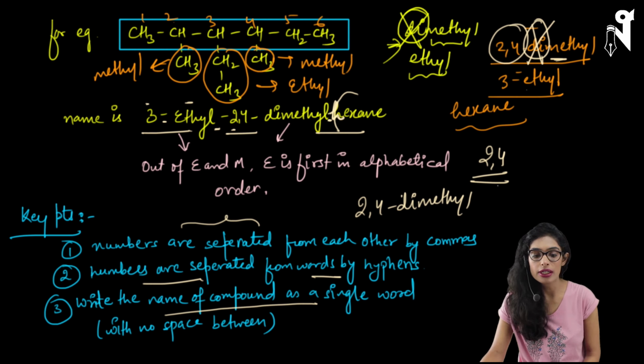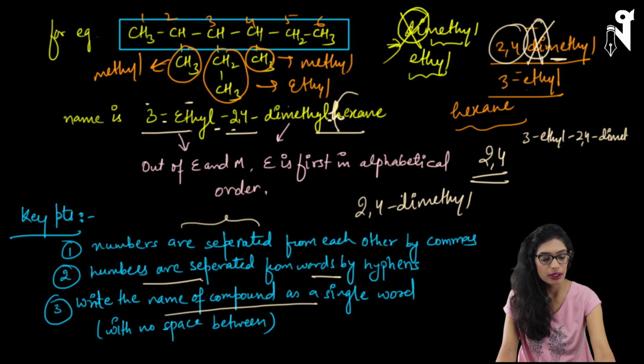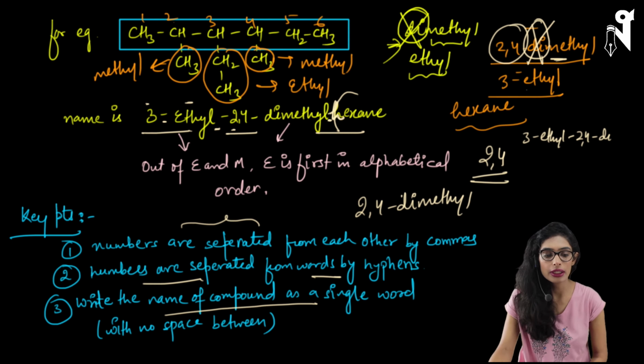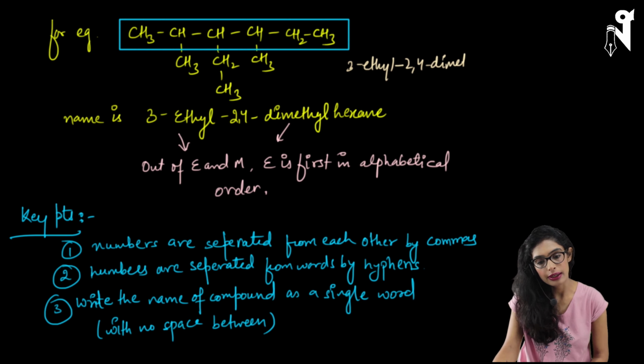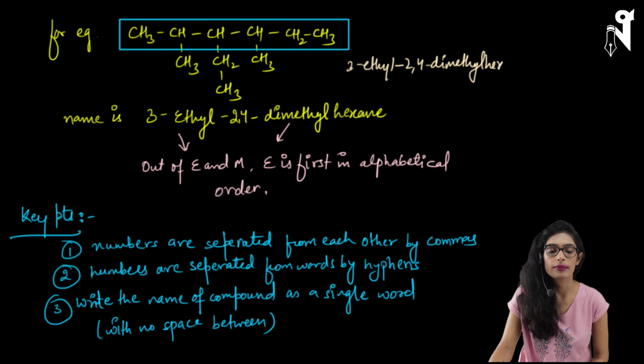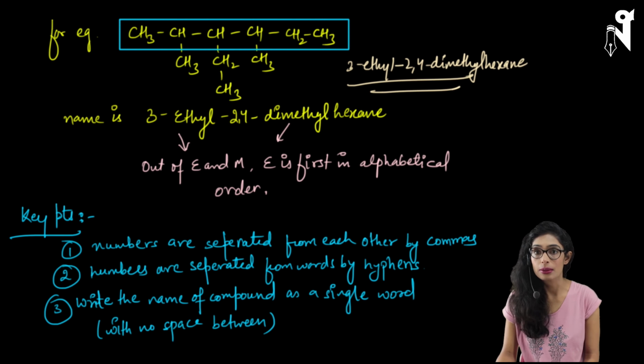For example, it will be like this: 3-ethyl-2,4-dimethylhexane, no space in between. These are some important rules which you have to follow while naming the compound.